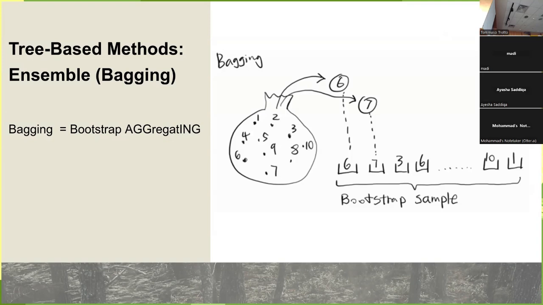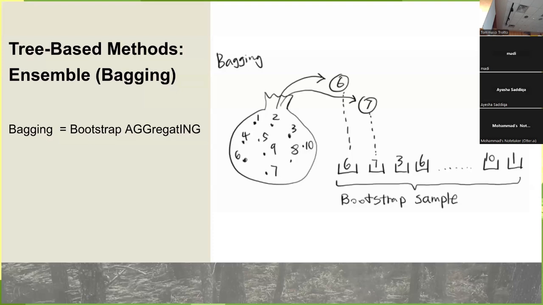Suppose our original data set has balls numbered 1 to 10. We can take a ball from the bag and write down its number. Suppose it's number 6. We put it back and draw another one and write it down. It's number 7, and we put it back. Then number 3.